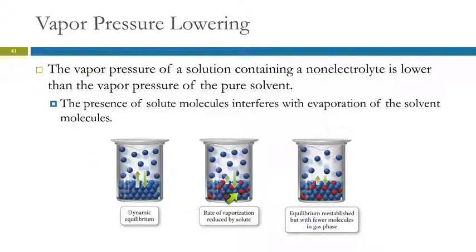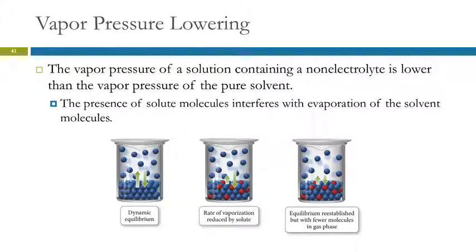Now, if we put something in the water, if we put some other particles in the water, here we've got red particles, maybe it's sugar or salt or something, those red particles are getting in the way. They're blocking some of the surface of the water. So fewer of these water molecules can evaporate.